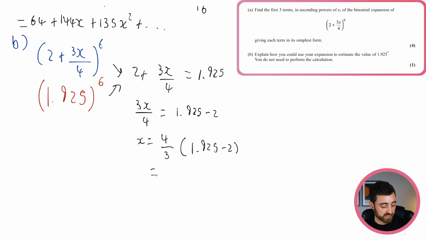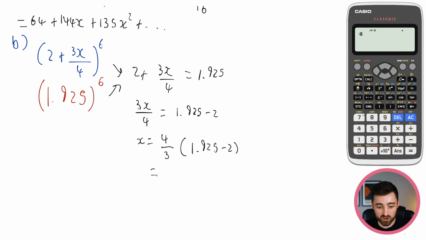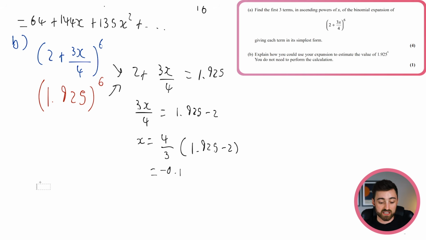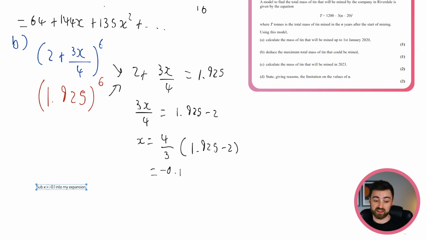Let's work out what this is. 4 over 3 times 1.925 minus 2 gets me minus 0.1. So to do this, all I would need to do is I would just sub x equals minus 0.1 into my expansion. Because that would be the x value that makes the thing inside the bracket 1.925.